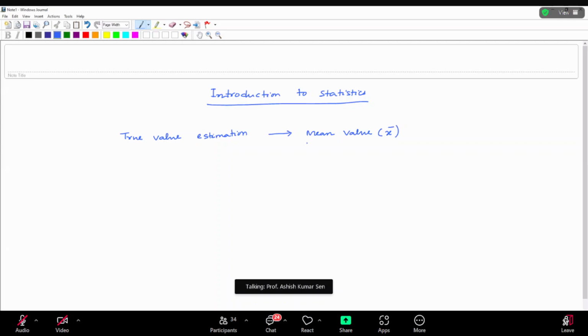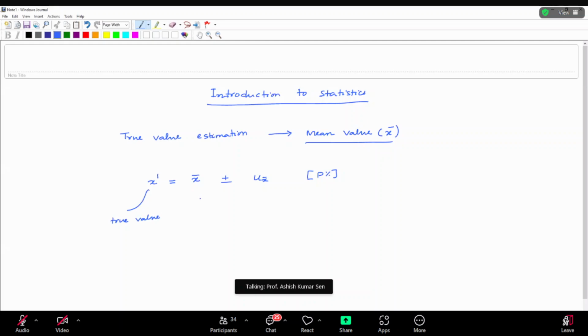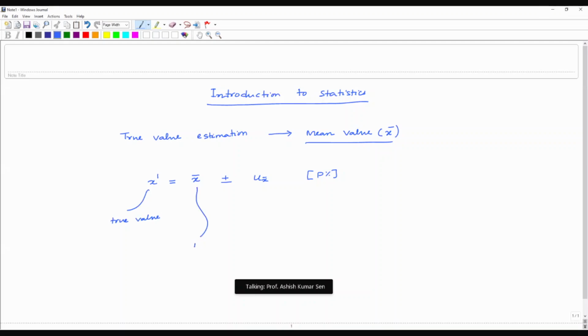So from estimation of the mean value, you say that my true value, which is, let's say, X prime, is X bar, that is the mean value, plus minus some uncertainty, we refer to that as U X bar, at a P percentage. Okay, so this is actually the true value that you are trying to estimate, but actually you are estimating the mean value from the data.